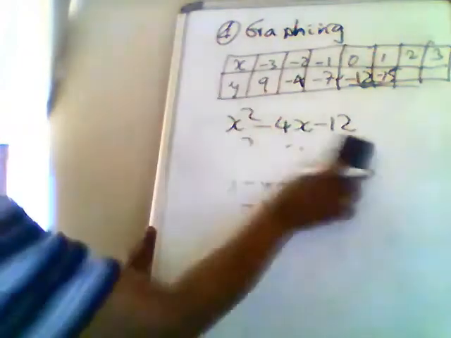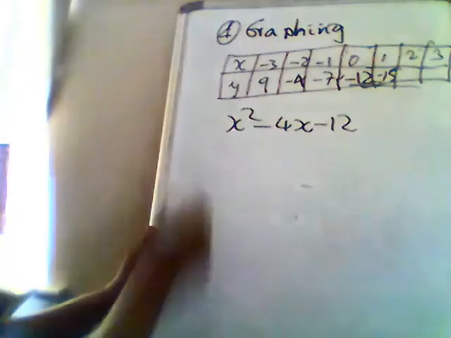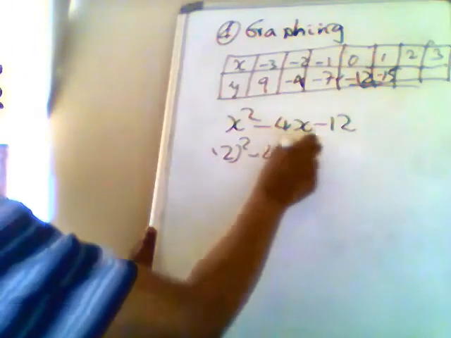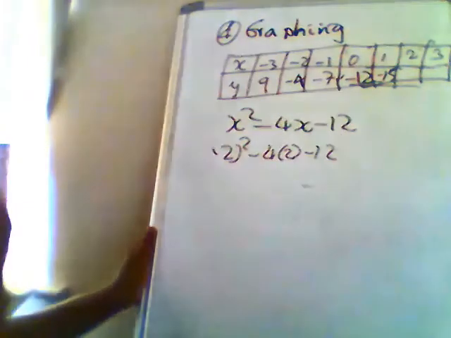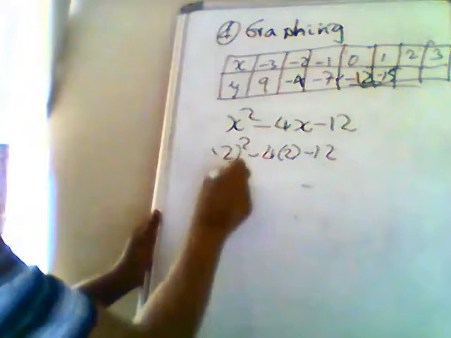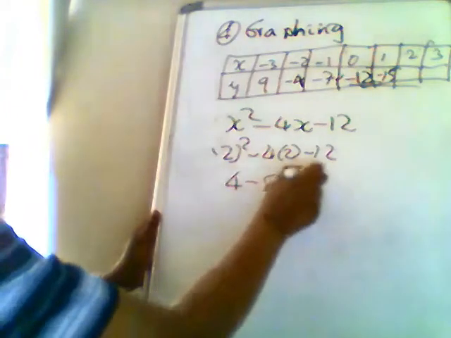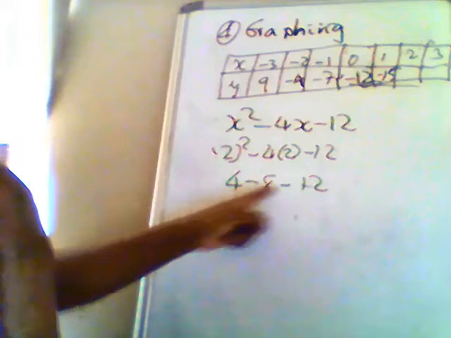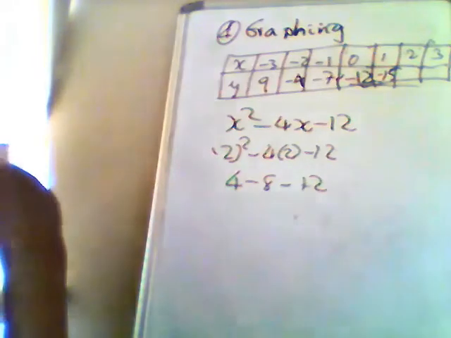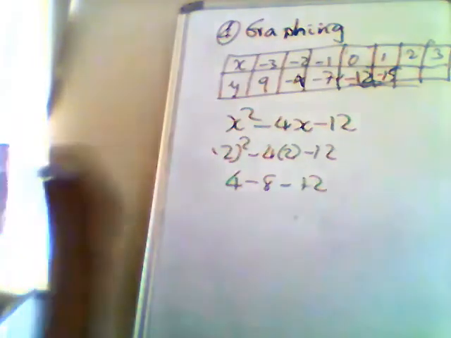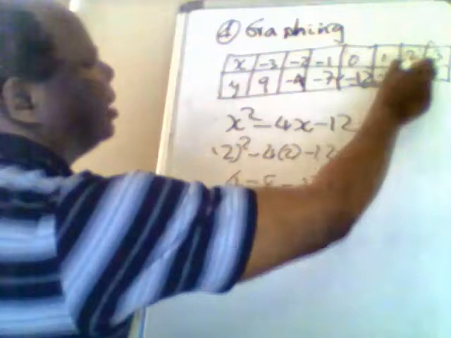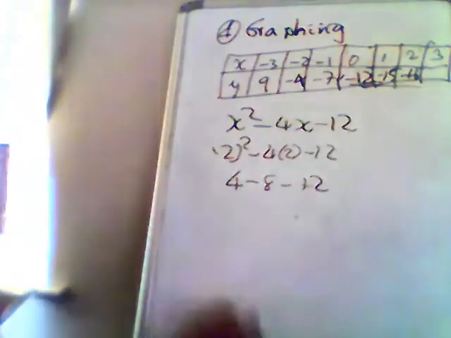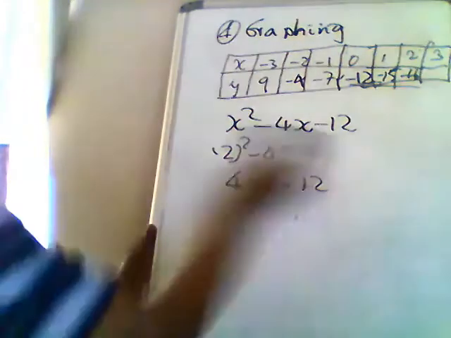If I substitute 2, I'm going to have 2 squared, minus 4 times 2, minus 12, so 4 minus 8 minus 12, which gives me minus 16. Have I got it correct? Minus 4 plus minus 12, yes, that's correct.